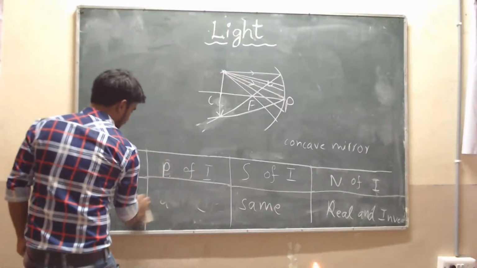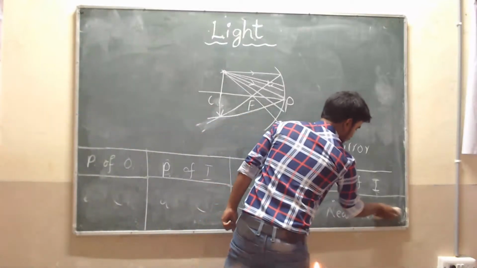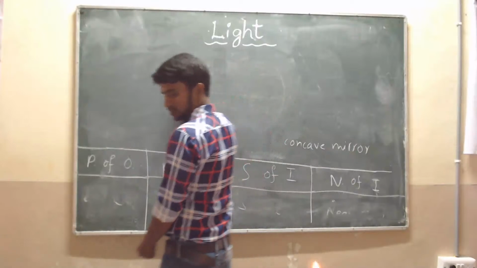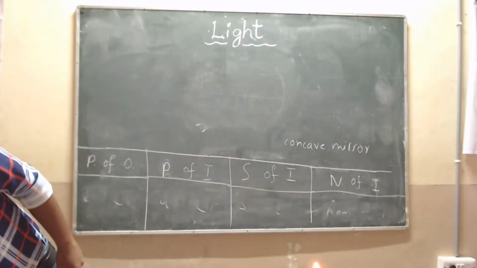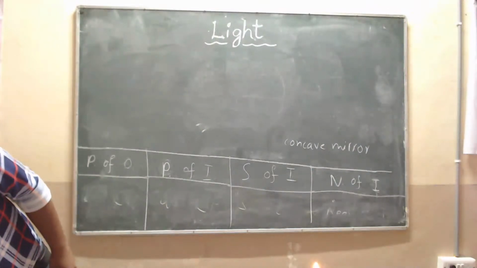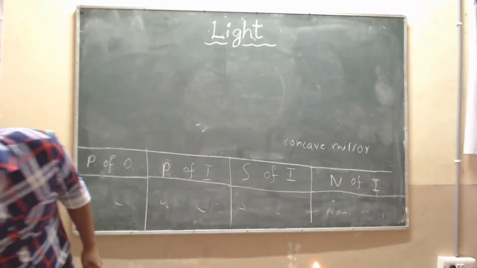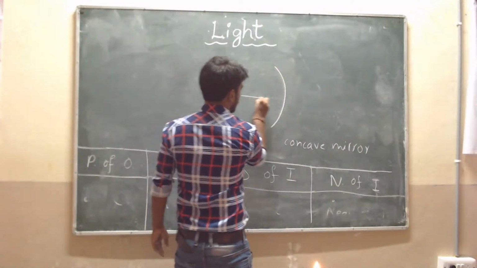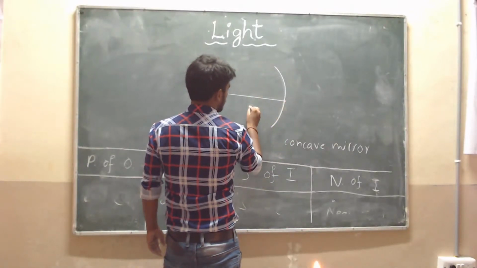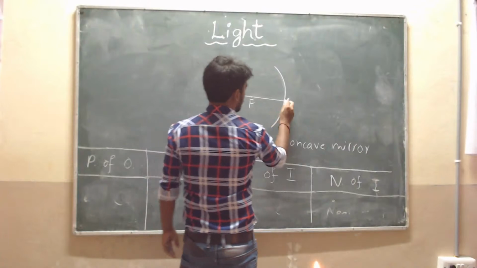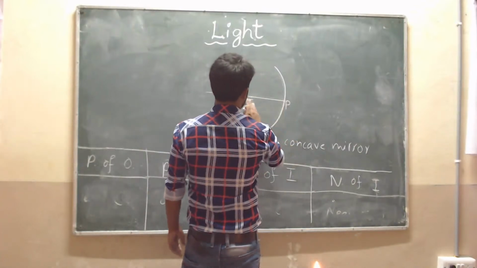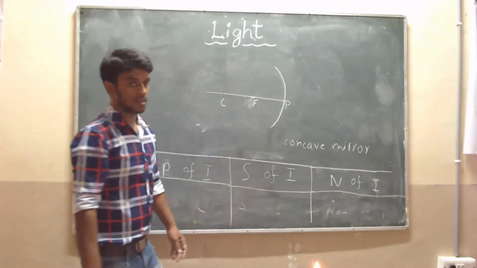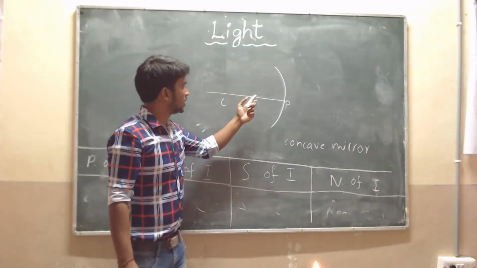So next I will keep the object between C and F. See here once again, here you have to take the same distance from C to F and F to P. Why?